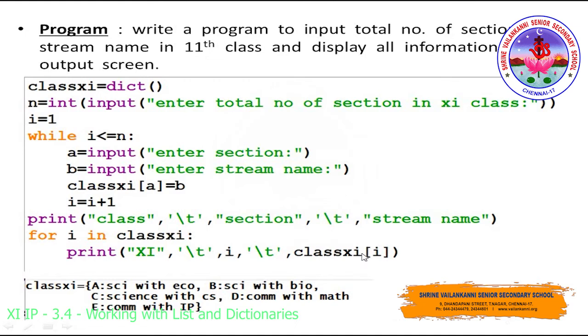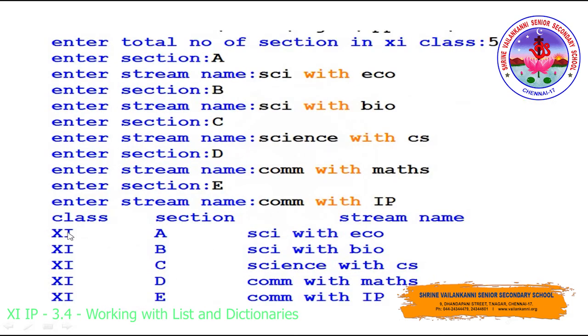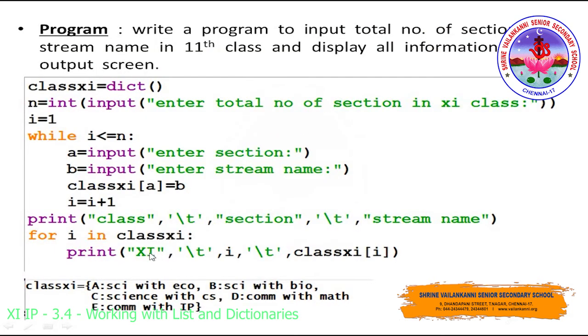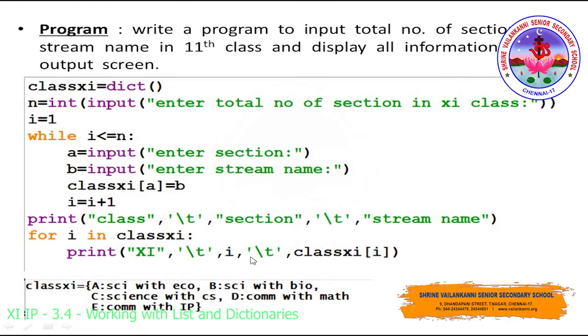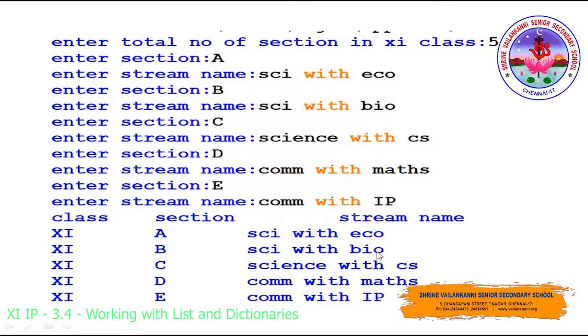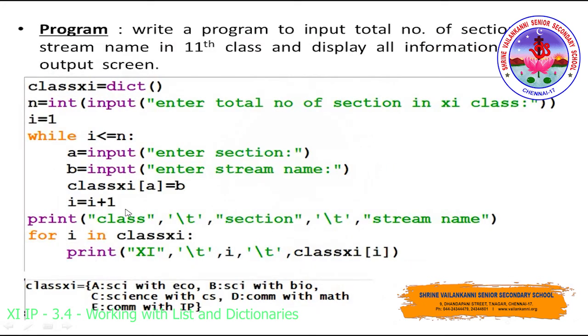Here class 11 of I means the first value, which is A. So in the first key A, the associated value gets displayed like this, 11, which we have given here, 4 spaces, followed by the section, the first key A, followed by the value associated with A, science with economics, gets displayed. Again, it will move on with the second iteration.